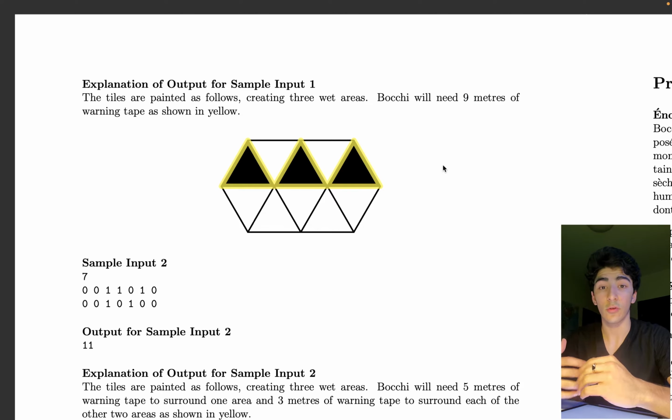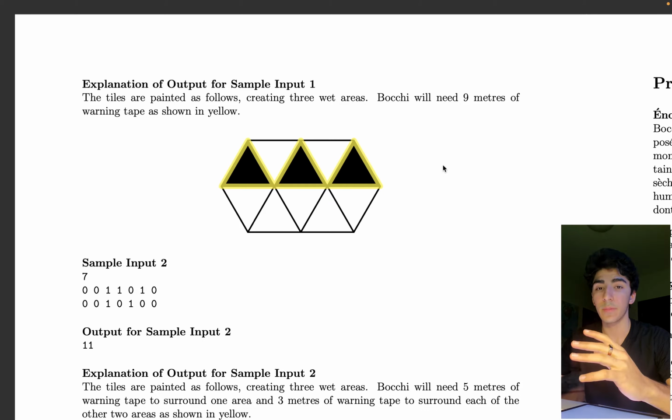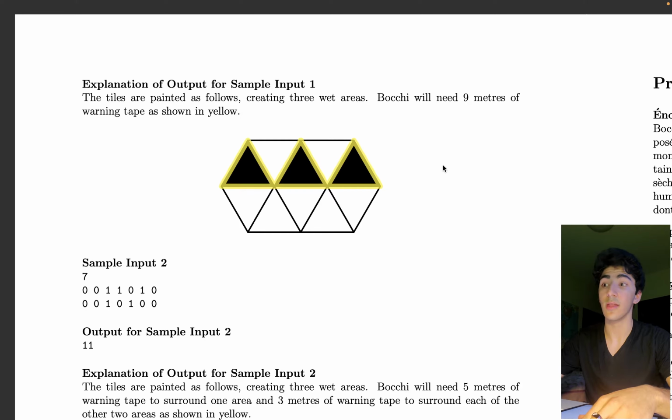We know that these triangles are equilateral, meaning that all the sides are equal to 1, and that one side of one triangle is equal to 1 meter. If there are 3 sides on one triangle and each side is equal to 1, then we have 3 meters per triangle. And once again, if there's 3 triangles, then we will have 3 times 3 meters, which equals 9 meters. So we will need 9 meters worth of tape.